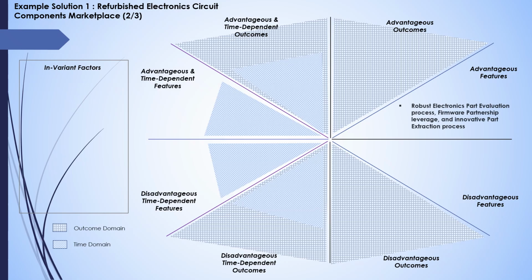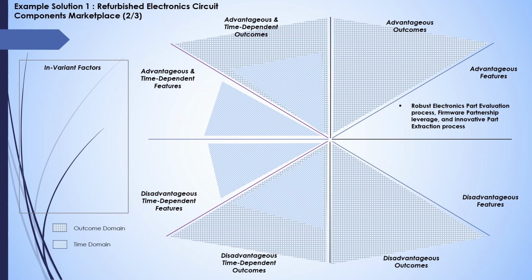Start with the advantageous features, the ones actively working in the solution's favor. 3 stand out clearly. First, a robust electronics part evaluation process. This is the quality backbone of the entire marketplace. As long as this remains rigorous and reliable, the solution continues to deliver trustworthy outcomes for every stakeholder downstream.